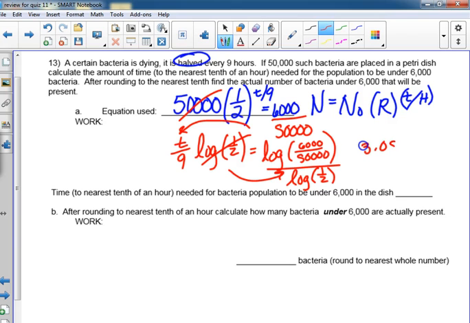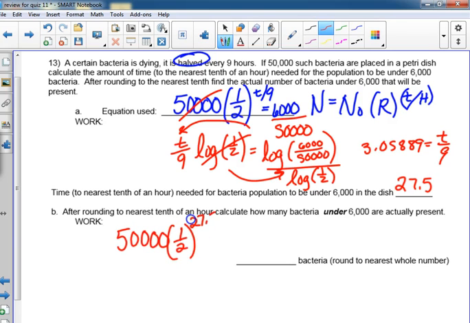Okay, I got 3.05889 equals T over 9, just to make sure everybody's 27.5. Now, if I round to 27.5 and then I plug it back in, I still have 6,014 bacteria. I'm supposed to be under 6,000.